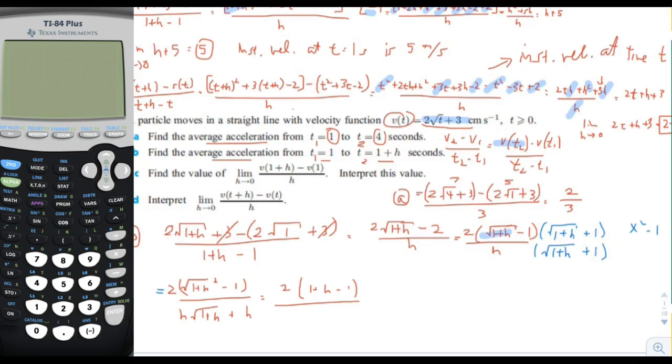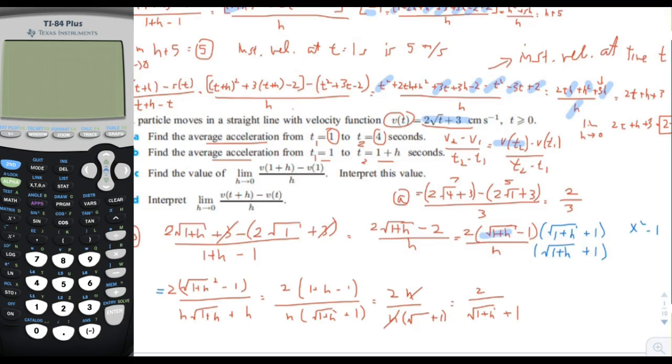And then in the bottom we have h times square root of 1 plus h plus 1. So what we end up with here is 2h over h times square root of 1 plus h plus 1. And remember the h's cancel out. We end up with 2 on top, and square root of 1 plus h plus 1.